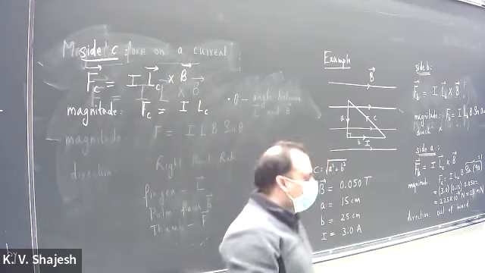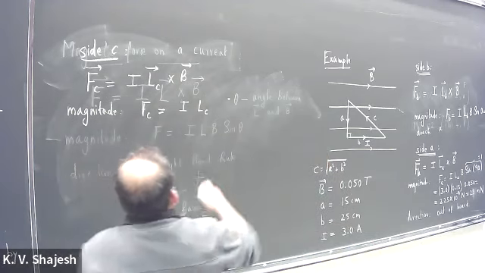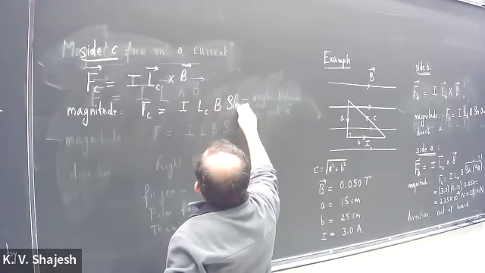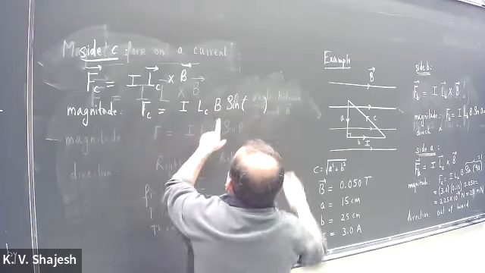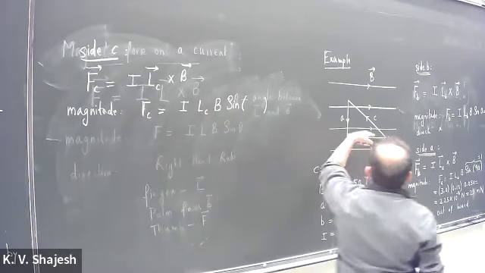We can calculate that even though we're not given C specifically. Times B times the sine of the angle between LC and B. We are not given that clearly, so let's see what that is.